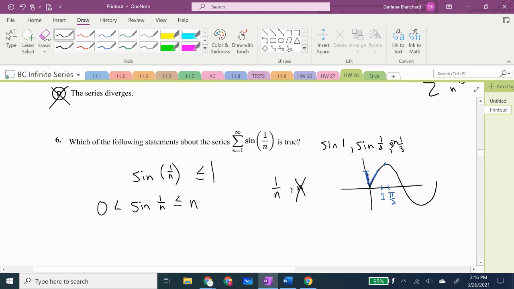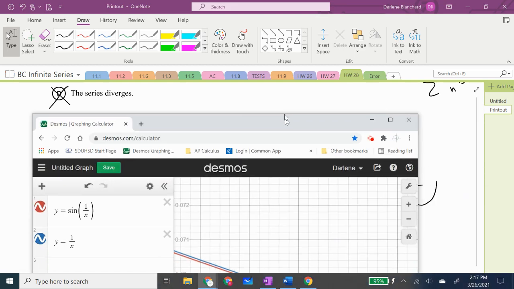1 over n. Now, if I'm going to use the direct comparison test, I need to be certain that, since I know 1 over n is divergent, the sine of 1 over n is bigger than 1 over n. It isn't, and to show you that it isn't, I'm bringing out Desmos.